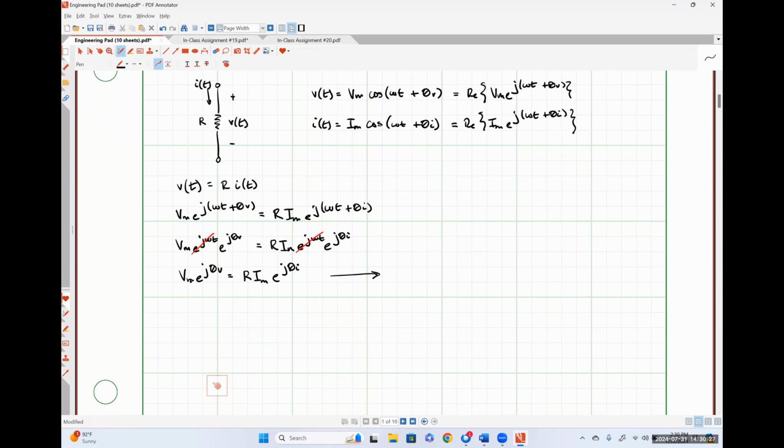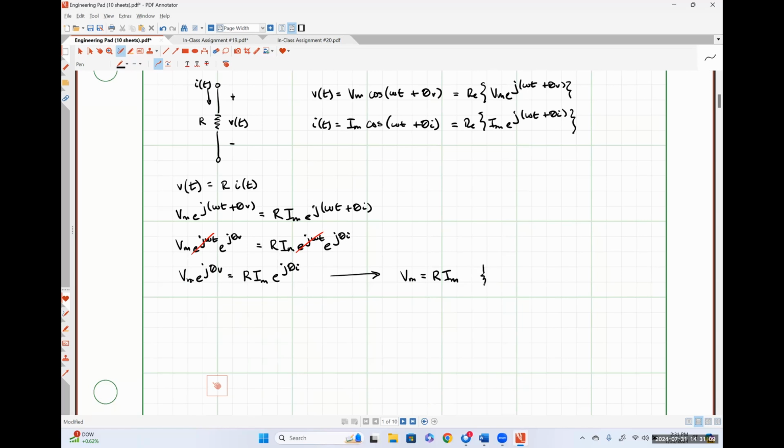What we have on the left-hand side of the equal sign is an exponential form complex number, and what we have on the right-hand side is also an exponential form complex number. So that means the magnitude of whatever we have on the left-hand side has to equal the magnitude of whatever we have on the right-hand side. So we could say that the magnitude of the voltage drop across our resistor is just equal to the resistance times the magnitude of the current flowing through the resistor.